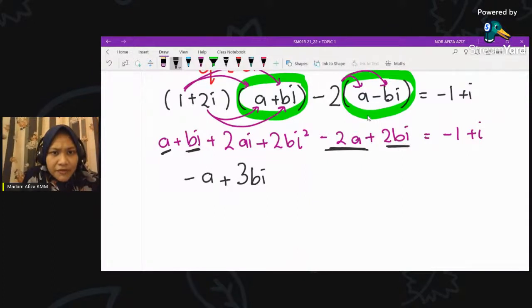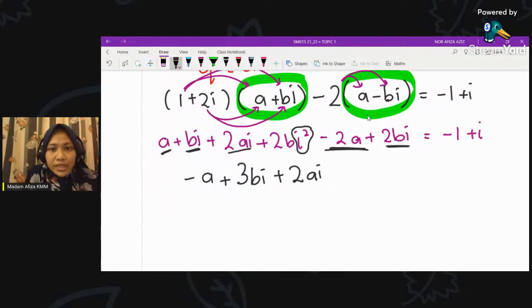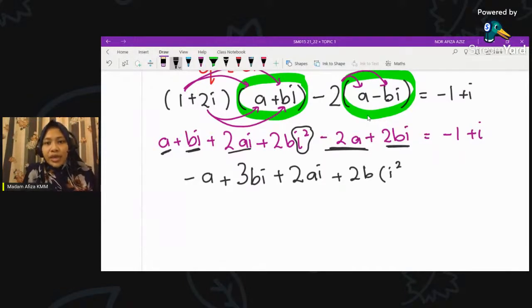Next, we have 2ai, which has no partner, so just 2ai. And here we have 2b times i squared, so we replace it with negative 1. This equals negative 1 plus i.